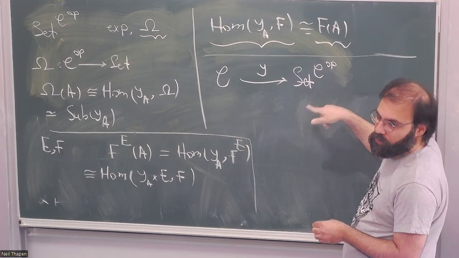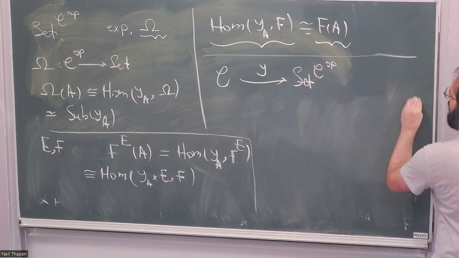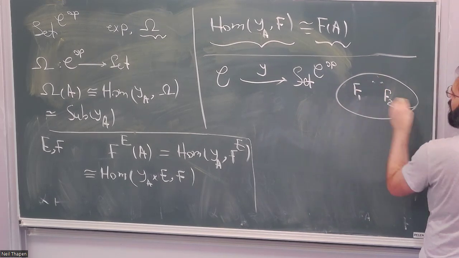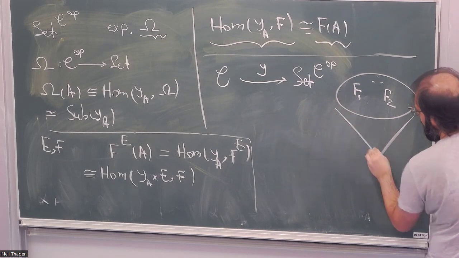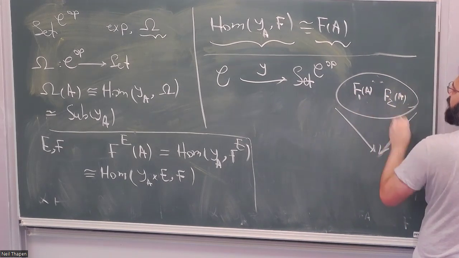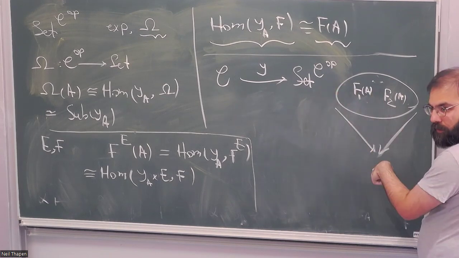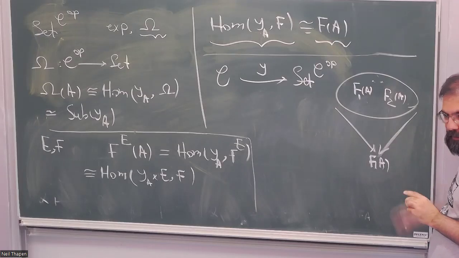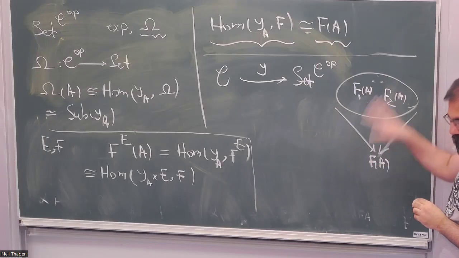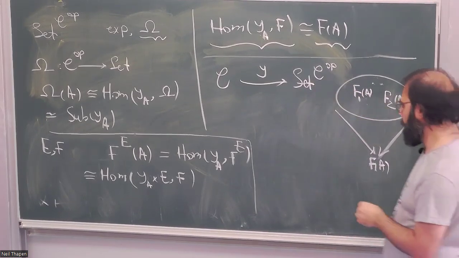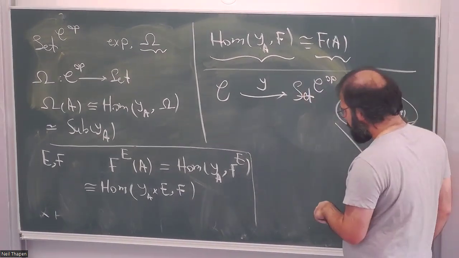So you have some very big diagram of F1, F2, whatever, and you want a co-limit of everything. Simply apply it on one fixed A, and then everything is in Set. Compute it in Set as F of A, and then you see that this new F is actually the co-limit, right? So all the co-limits exist here, simply because they exist in Set.